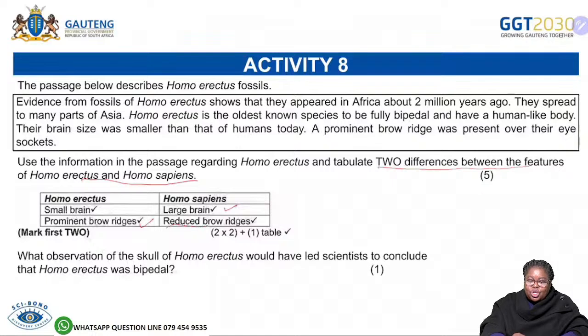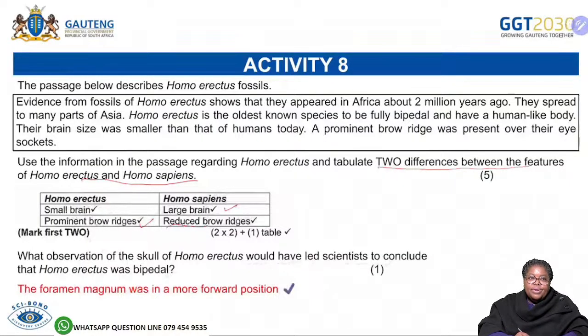What observation of the skull of Homo erectus would have led scientists to conclude that Homo erectus was bipedal? Remember, relate the bipedalism to what? To the position of the foramen magnum, right?